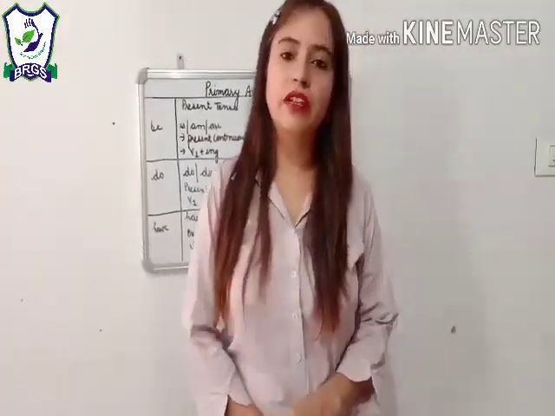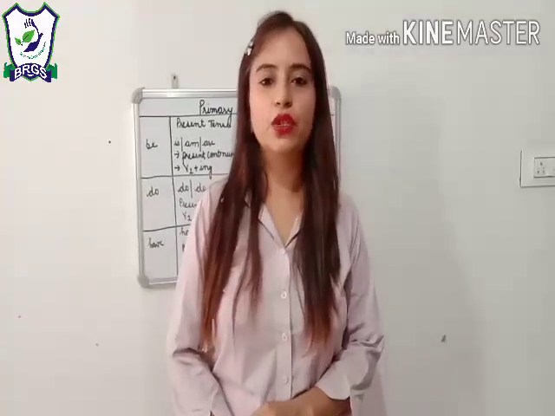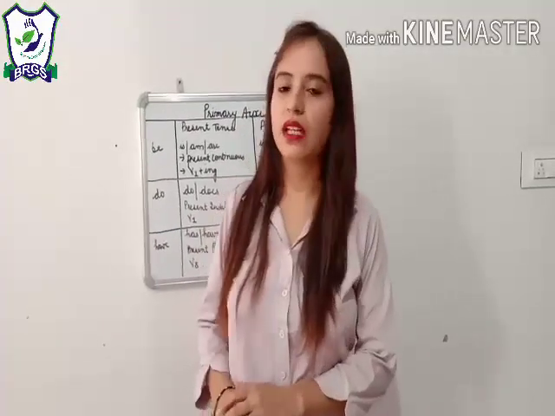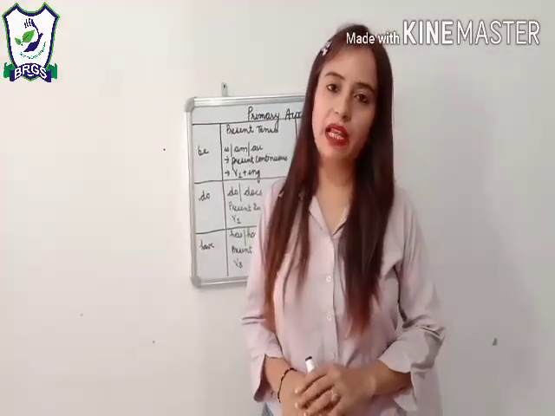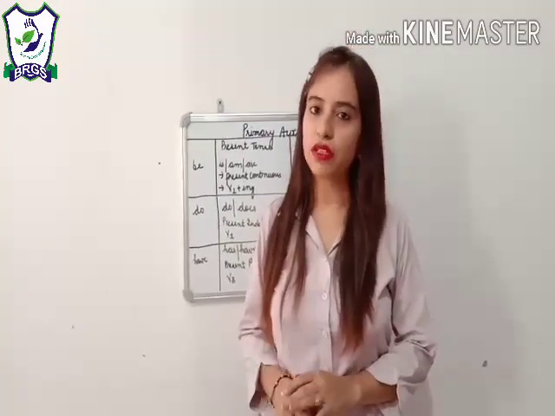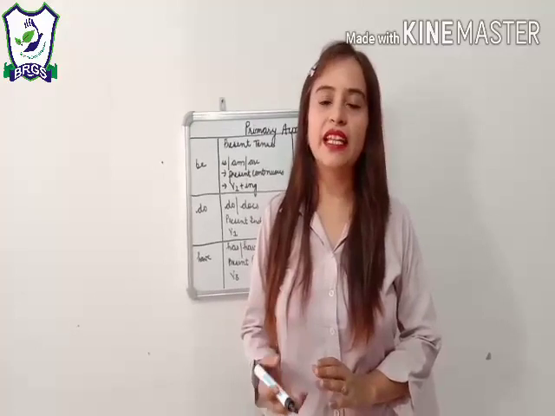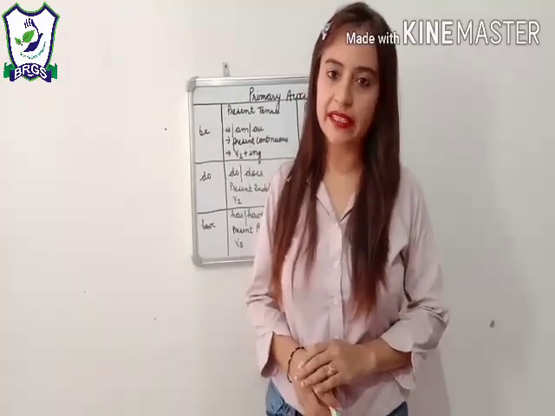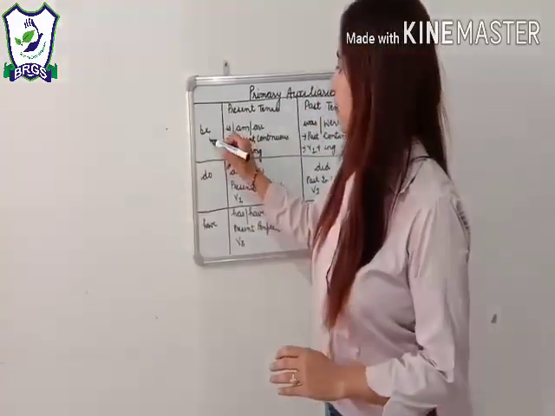Now students, we are going to learn how we can use the primary auxiliaries. As I have told you, these primary auxiliaries have grammatical uses and they are used in tenses. So let us see in what forms they are used in tenses. First is be.